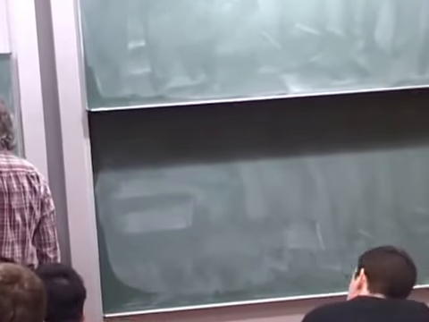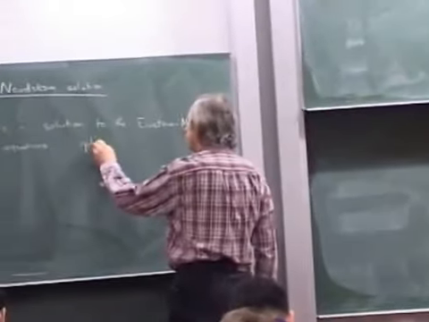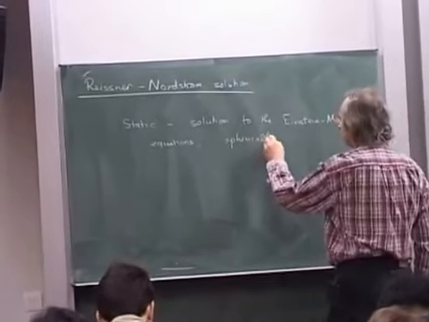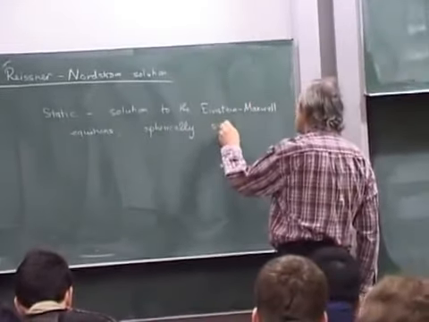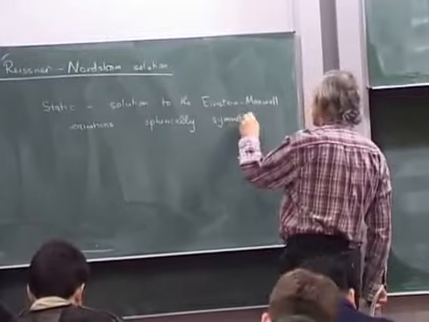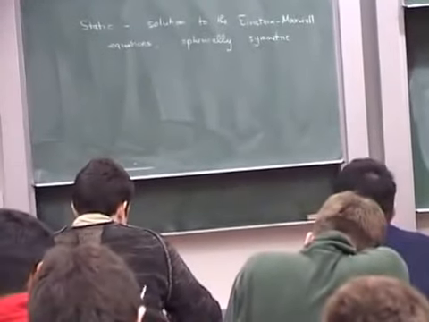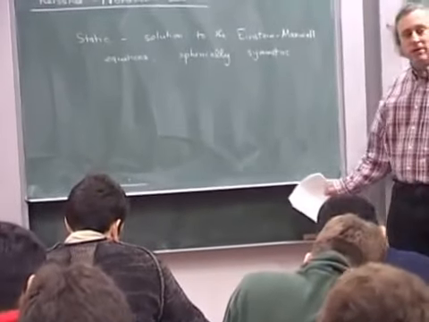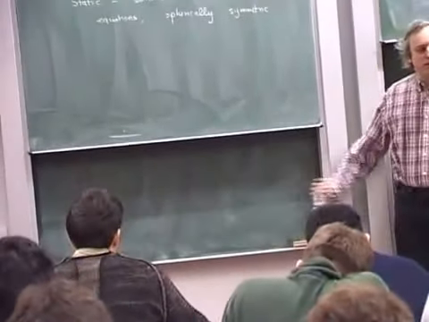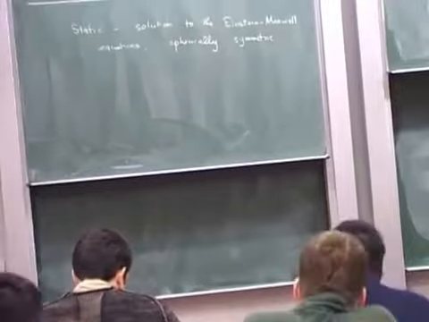So the thing is also spherically symmetric. By Einstein-Maxwell equations, what I mean is Einsteinian gravity coupled to an electromagnetic field and nothing else.